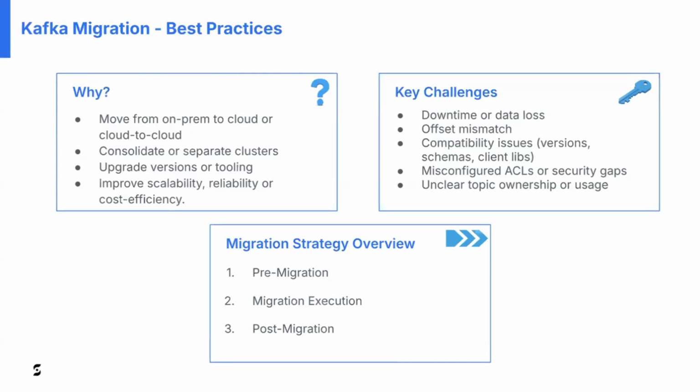And the post-migration, that is switching consumers and validating everything. UniLink is designed to support all three phases, especially by enabling bidirectional replication and offset syncing, the things that Dustin also mentioned in the demo in his really quick Kafka migration.